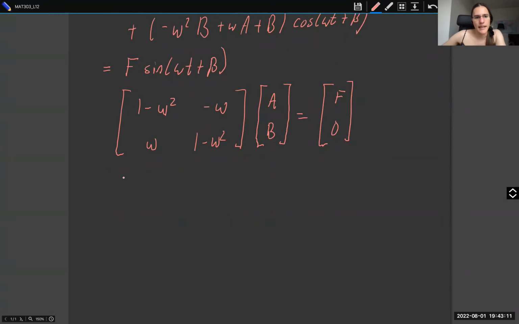So what we get then is that A B is equal to 1 over, so this would be 1 minus 2 omega squared plus omega to the 4th. And then what we'd have is we'd add on omega squared.